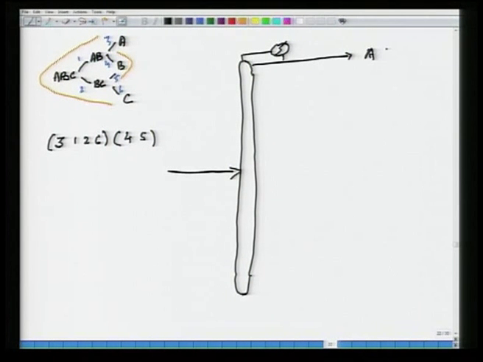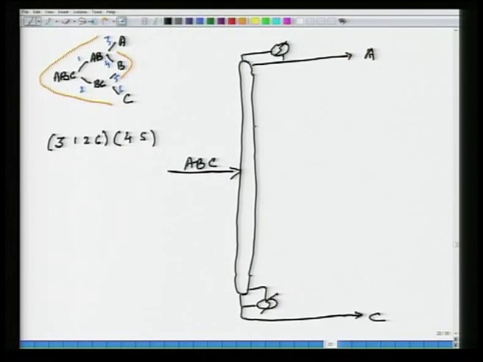That will be A. It has got its own reboiler, and that will be C. This is ABC, the feed. As I go up, concentration of A will go down, because A being the lightest component cannot go up. So, there will come a place where you have got essentially rectifying section. So, you will get A.